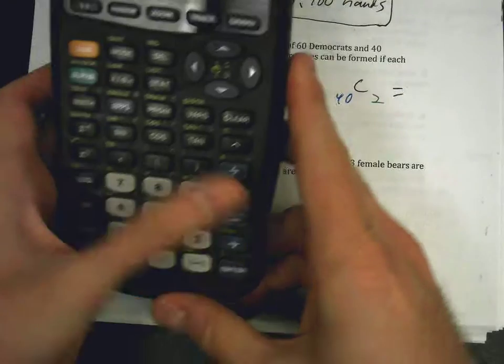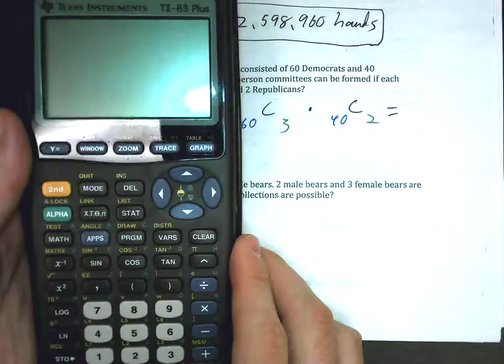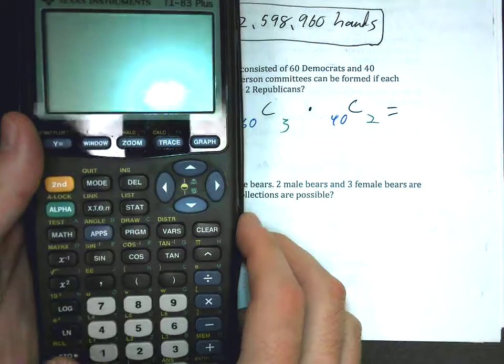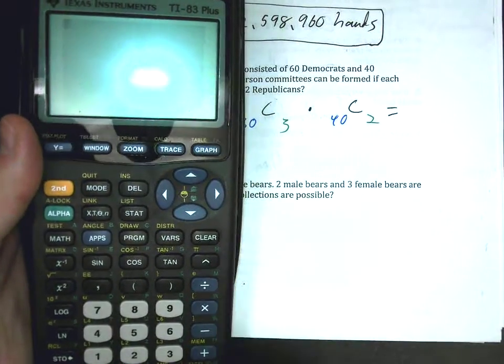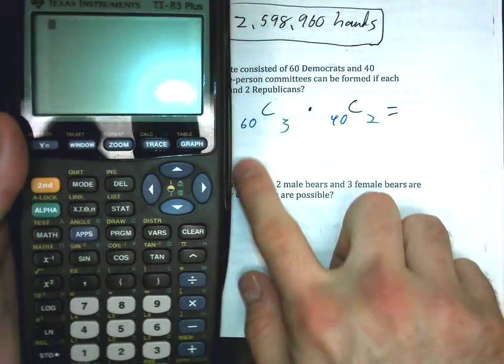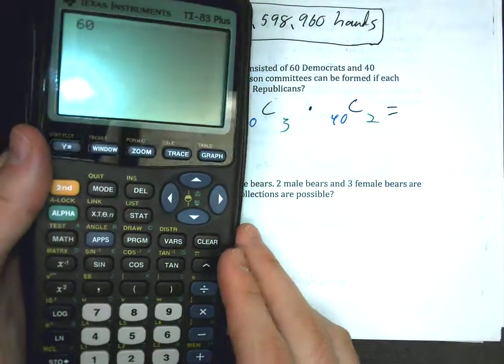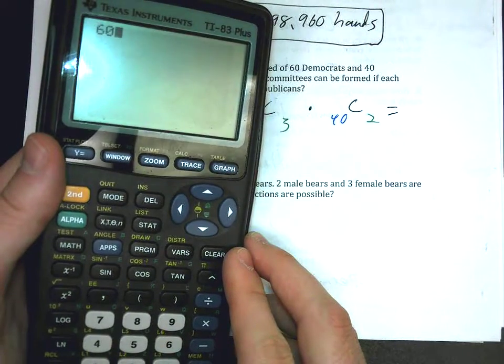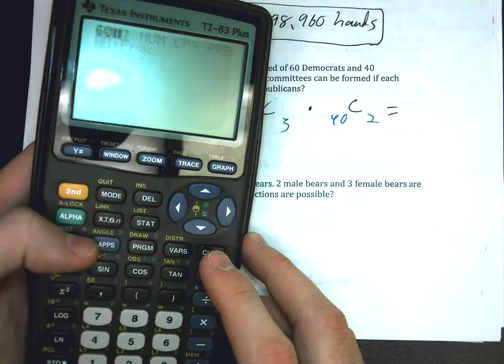So in our calculator, turn on the light so we can actually see this. In our calculator, just as a refresher on how to actually do this, if we take our 60 and type it in, I know it's kind of hard to read. If I want to get the NCR function, I'm going to hit math.